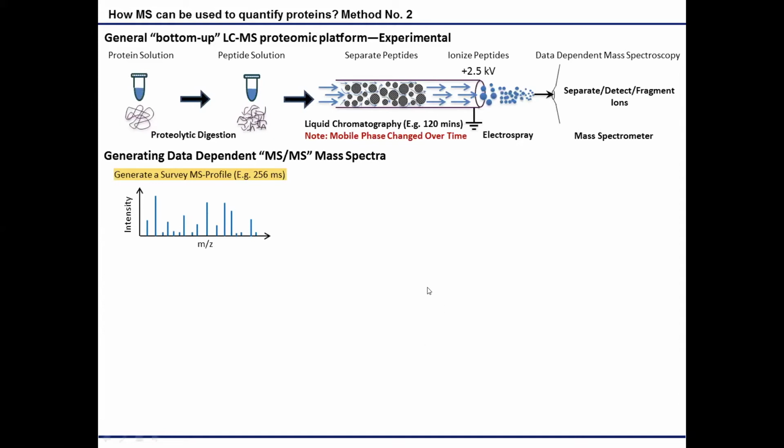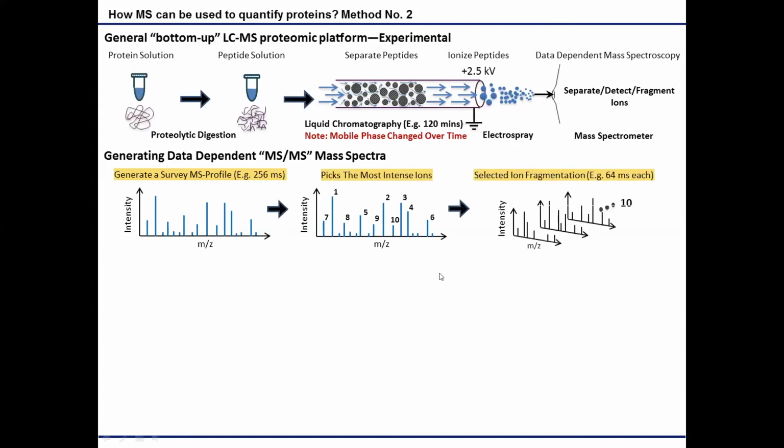Typically, it generates a survey mass profile of peptide ions, and we can let the mass spectrometer pick the most intense ions and do selected ion fragmentations in different time segments. We can repeat the entire cycle until all the peptides are eluted from a column.